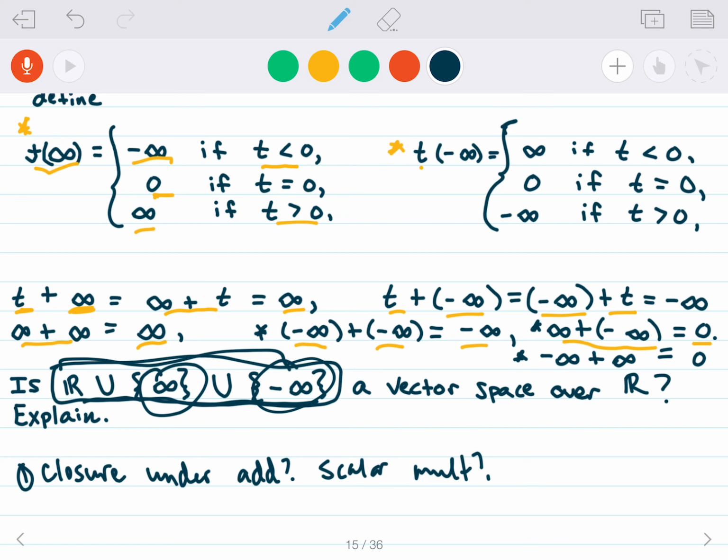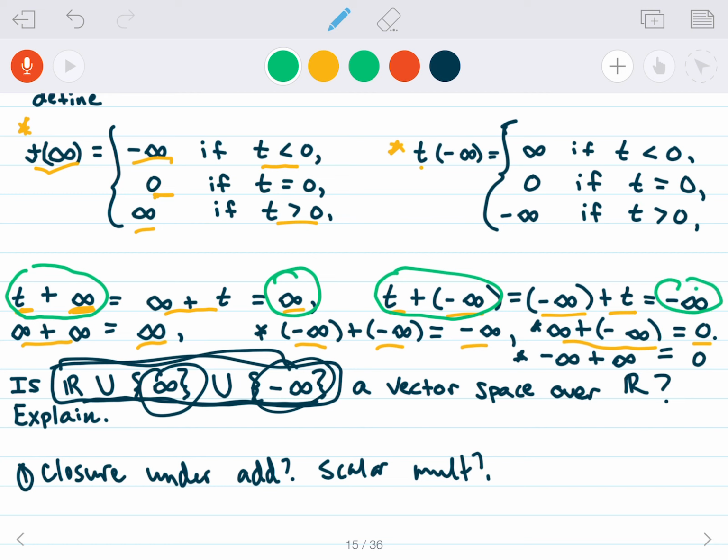We just have to worry about the infinity stuff. But it turns out that we're okay there because it says, hey, if I take a real number t and add infinity to it, I'm still going to be in the set, right? And if I take a real number and add negative infinity to it, I'm still going to be in the set.